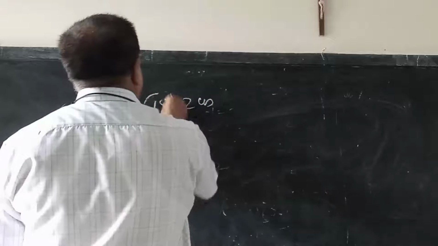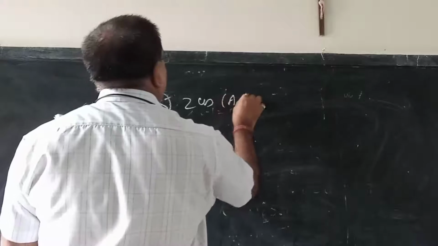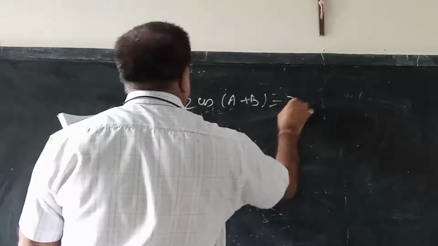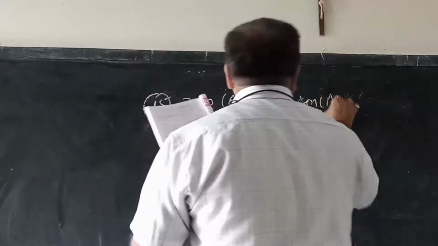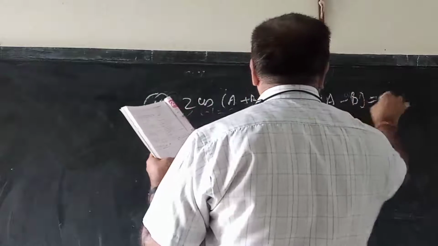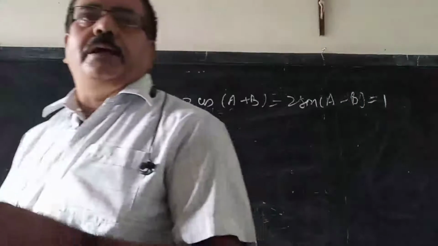Question number 15. 2cos(a + b) = 2sin(a − b) = 1. Then we have to find the values of a and b.